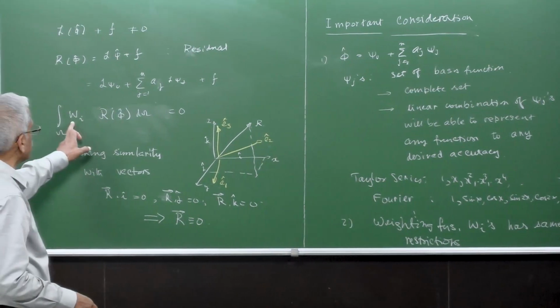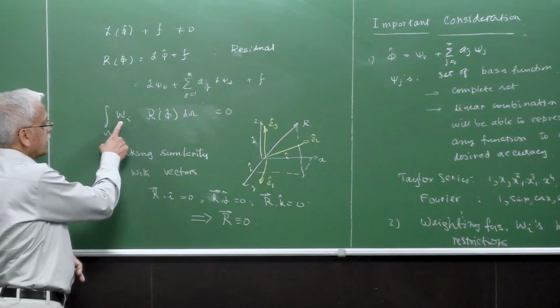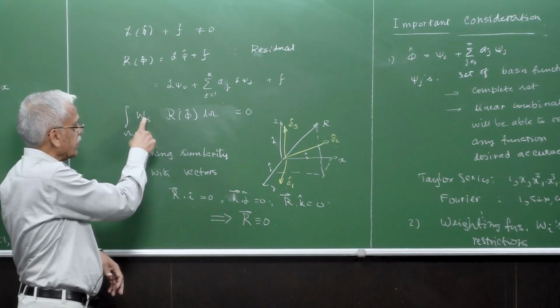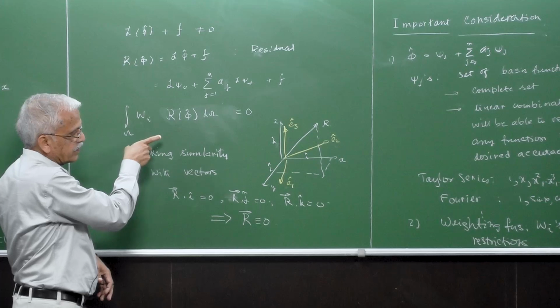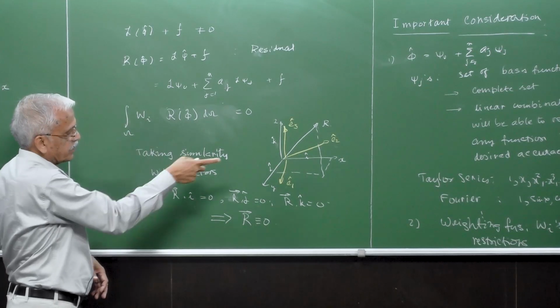Here you choose a complete set starting like in Taylor series terms, 1, x, x square, or even this one.